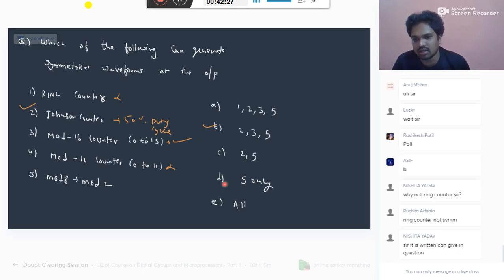Sir, it is written "can give" in the question. What is that? I didn't get you, Nishita. So mod 8 followed by mod 2 anyway it will give. Ring counter, if you attend the lecture, this is the output. So here on time and off time are not equal.